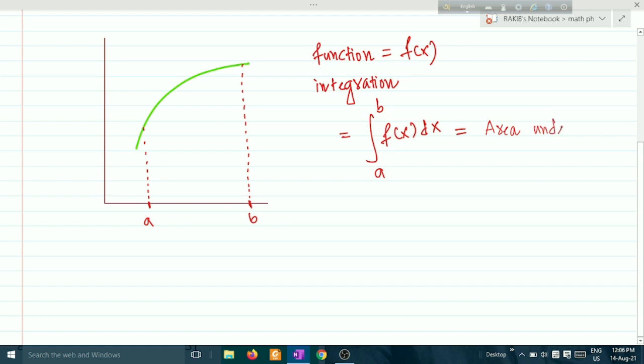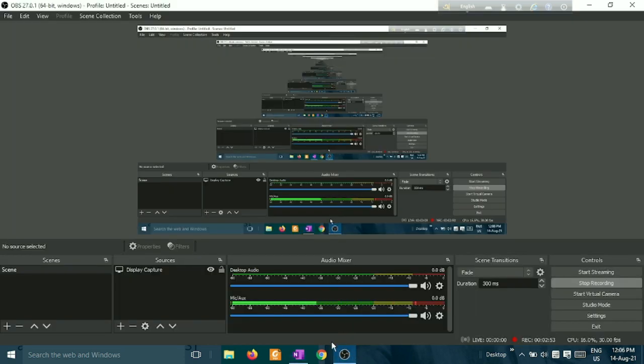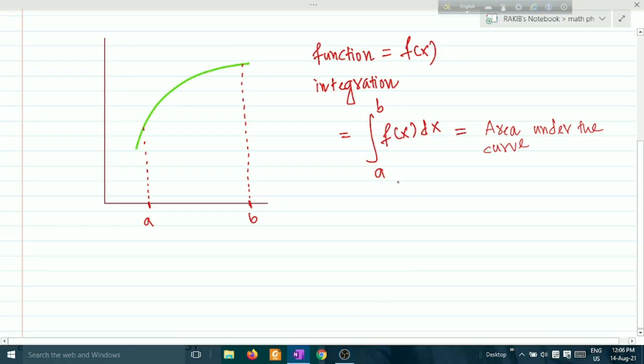This means you have to calculate this area under the curve by three methods. These are not accurate methods. These are so-called approximation methods, mostly used in computer programming to determine the area under the curve or to perform the integration.